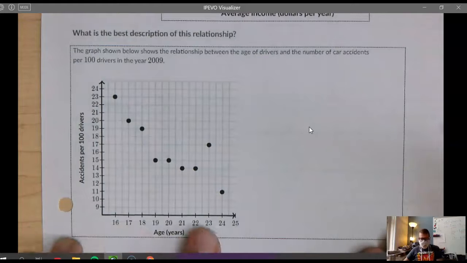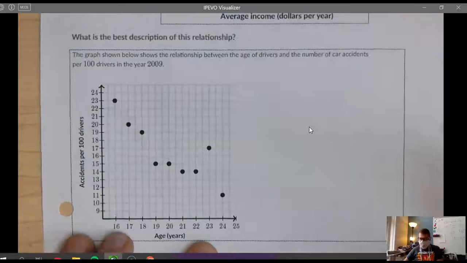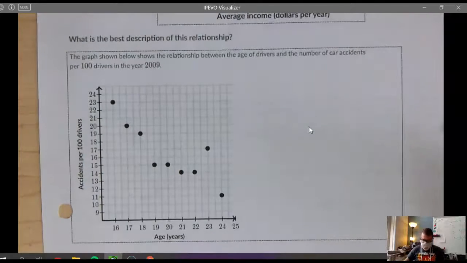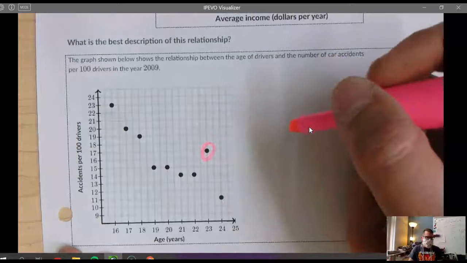The older you get, the fewer accidents you'd be involved in, right? Unless you're 20. Unless something happens at the age of 23, you graduate college and apparently forget how to drive.